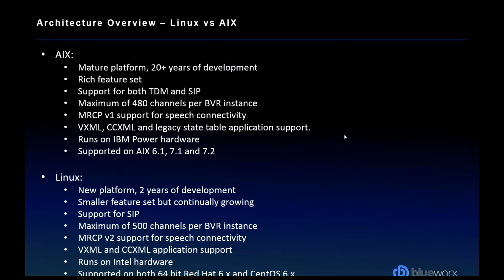But one of the things that one of the slides Dean brought up talks about how we're developing both platforms, and features that we add into one, we're going to then merge across into the other platform. So as part of that plan, the MRCP2 support that we've added into the Linux platform, we're going to put back into the AIX platform too. For application development, VoiceXML, CCXML, and I think Dean mentioned the legacy support for state table applications and custom servers.